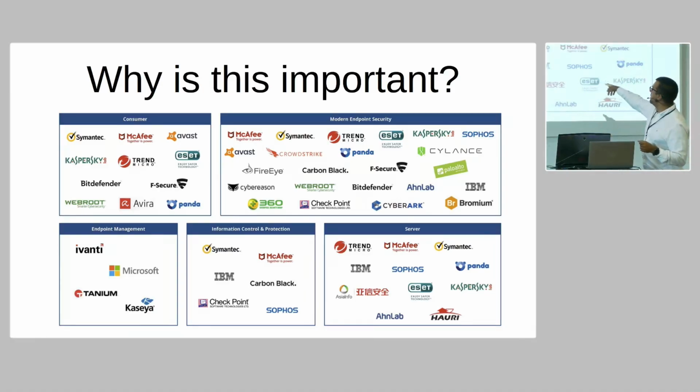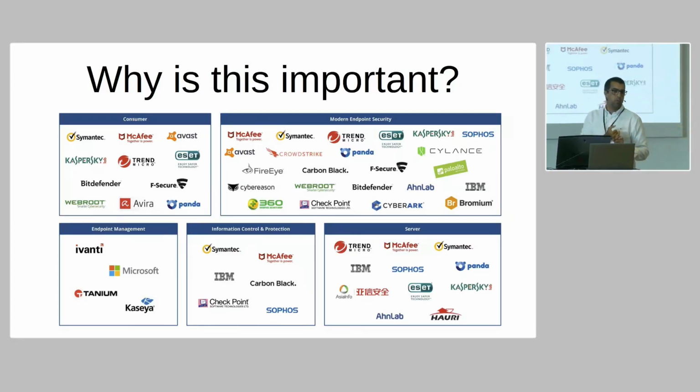So we have a bunch of vendors' names, for you to understand how this is happening. And as you can see, modern endpoint security is getting a lot of coverage. In a long story short, everything is moving into heuristics, into EDRs, into sensors, into telemetry, right?